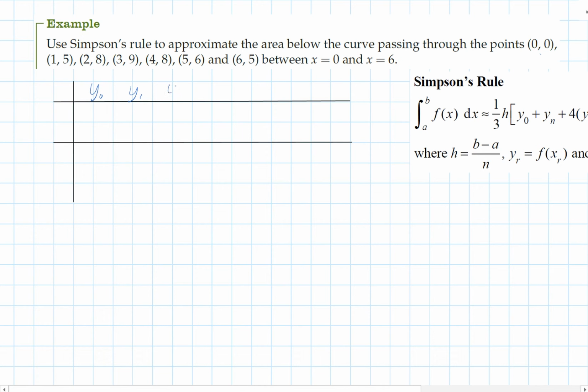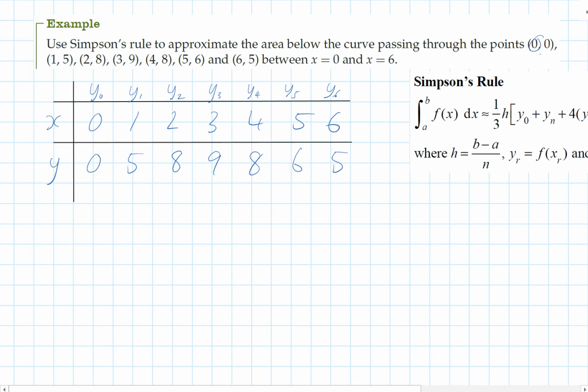So y1 through to y6, 4, 5, and 6. And then we'll put in our x values. That's just reading from our coordinates. So we've got 0, 1, 2, 3, 4, 5, 6, and then our corresponding y values: 0, 5, 8, 9, 8, 6, 5.